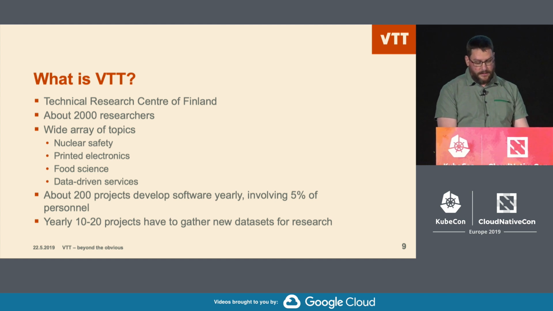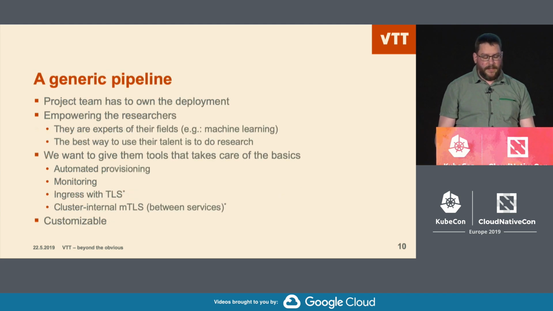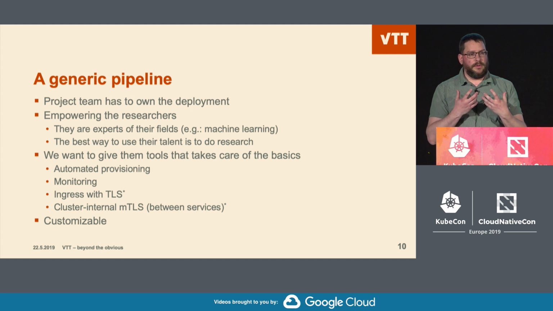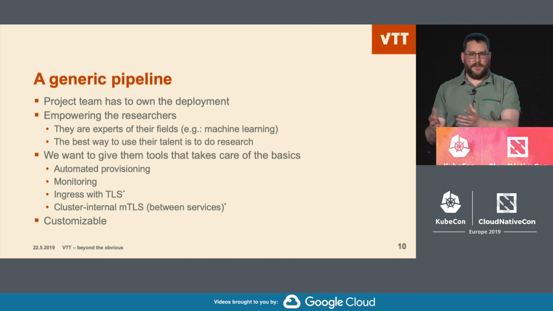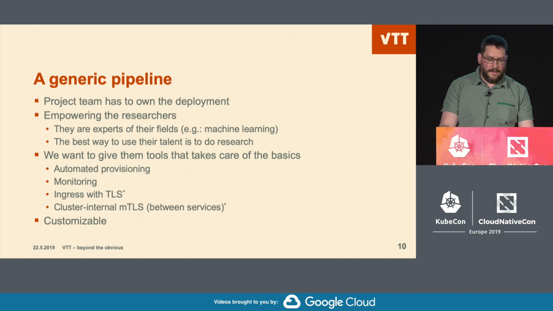whole system as is. And why we do this is that inside VTT, there is no ops organization where a project could hand out its own, let's say, developed servers and ask the ops to please run this for us in production.